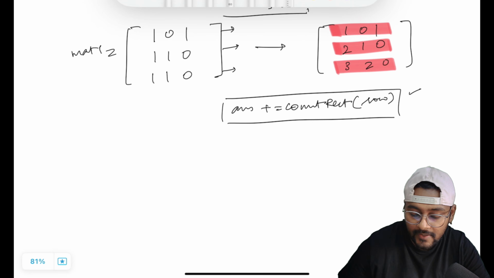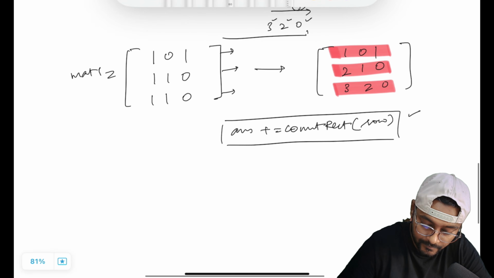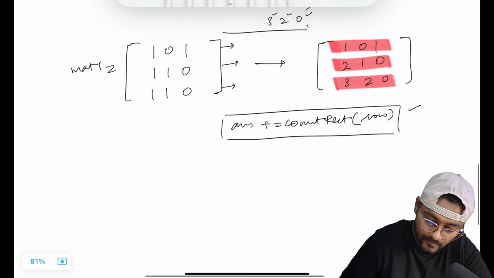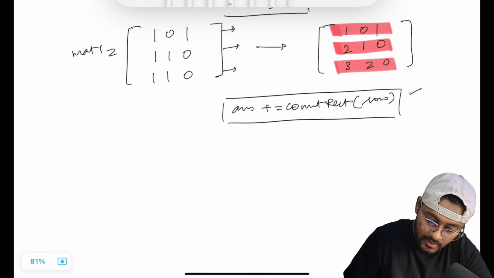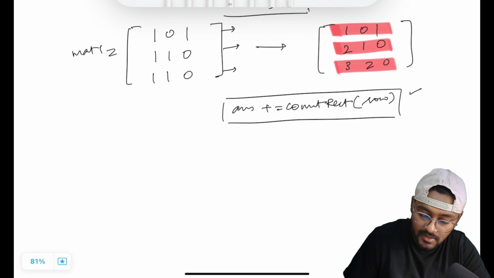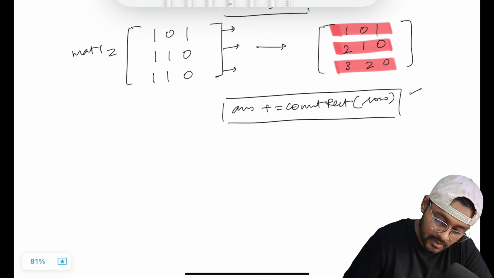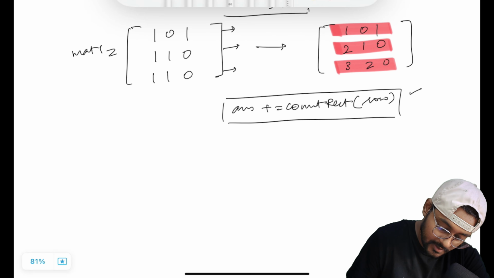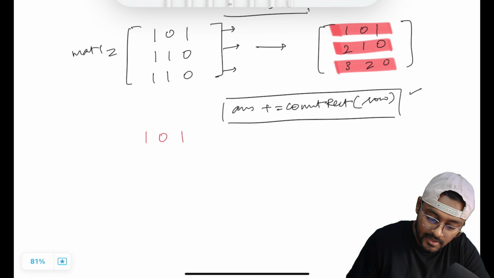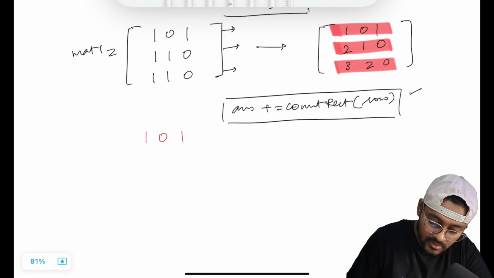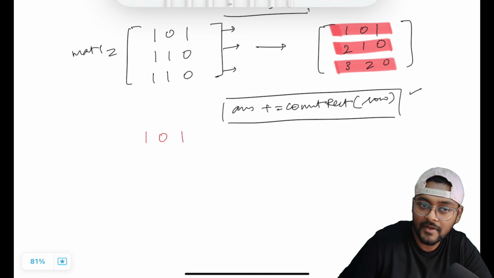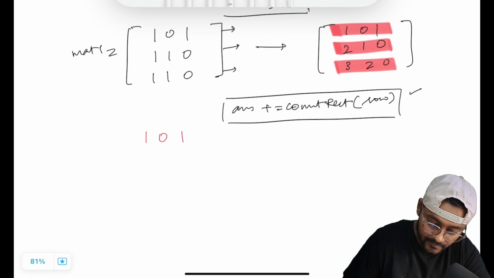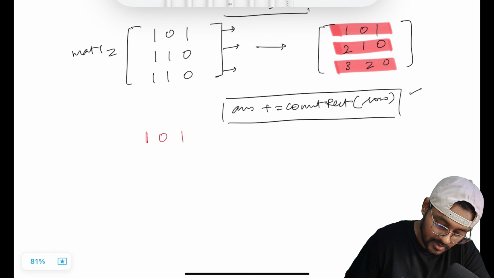Firstly, how do I make every single row independent? First row is as it is. Second row, let me write it completely. If it is 1, just include whatever is the value on the upper side. If it is 1, it is 1 plus 1, that is 2.